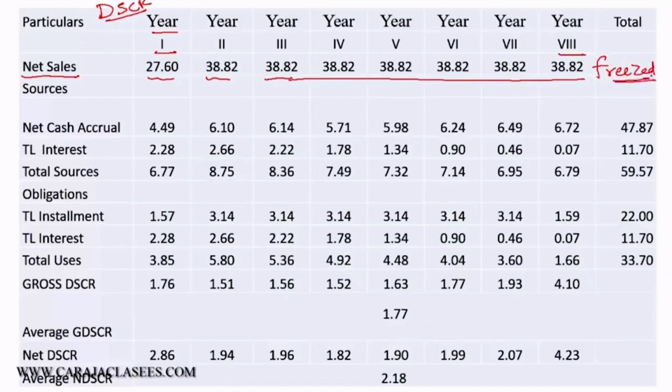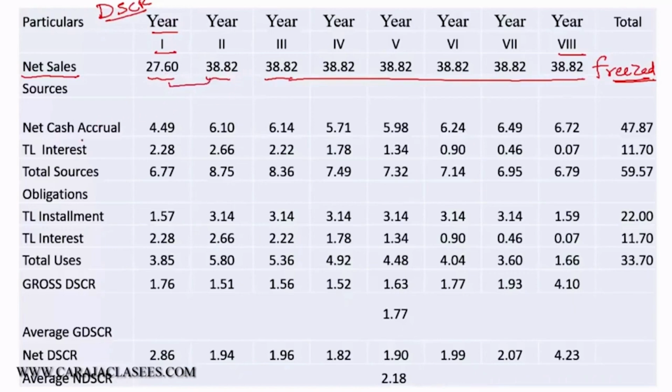It means no year-on-year increase in net sales is projected. This is basically on the conservative side, but in reality year on year it can increase. Here the bank is going with a very conservative calculation. So there is almost a 10 plus crore increase from 27.6 to 38.82 crore.